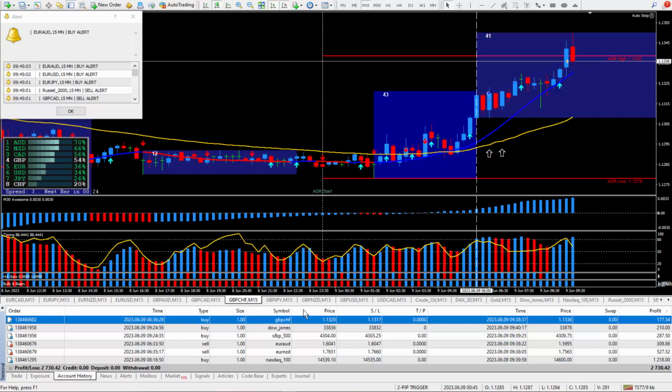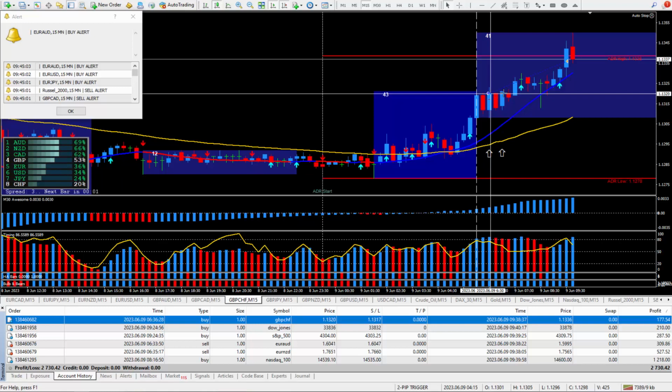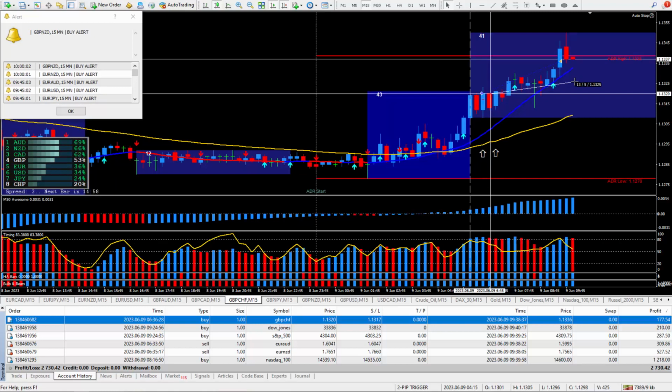So let's see now. Getting into this trade. At this cursor right here, and I closed it out, being happy. And some traders ask me, well, what is your target? I don't have targets.